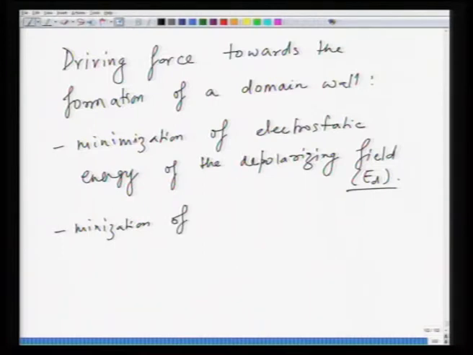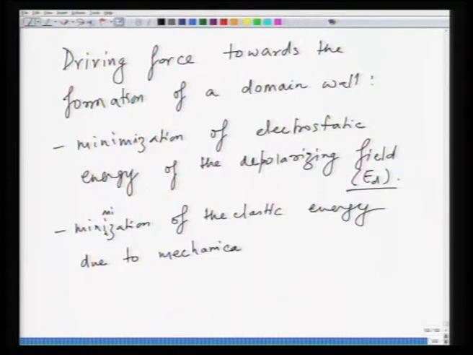And also the minimization of the elastic energy due to mechanical constraints. This is typically due to the ferroelectric to paraelectric phase transition.